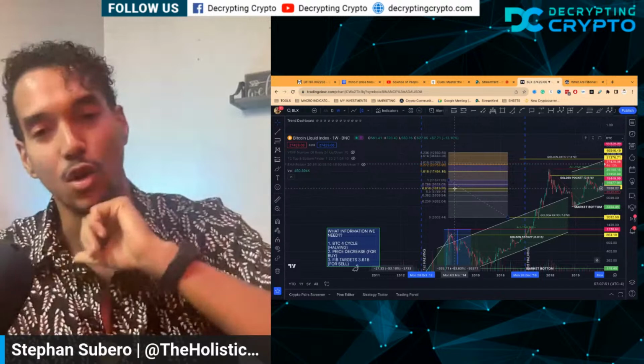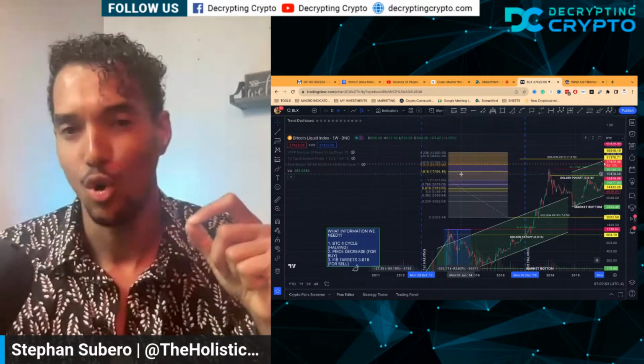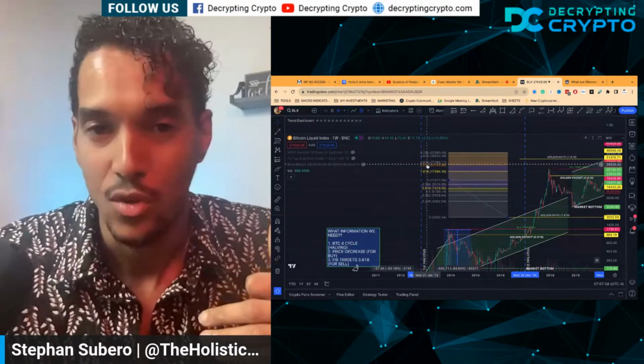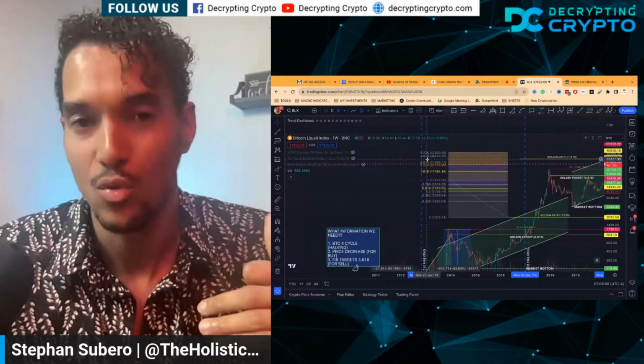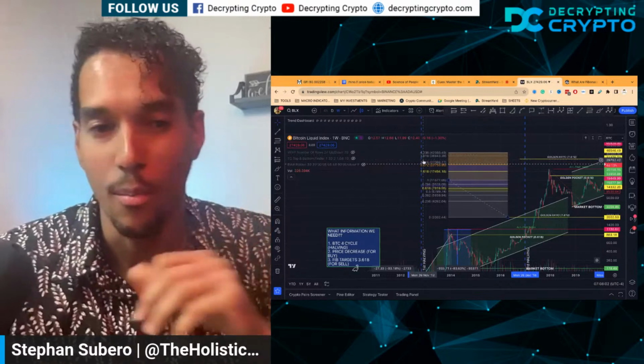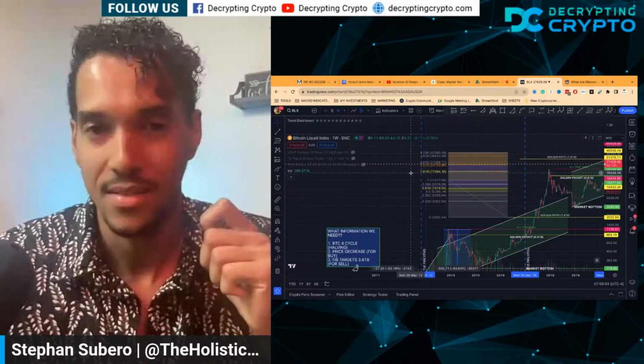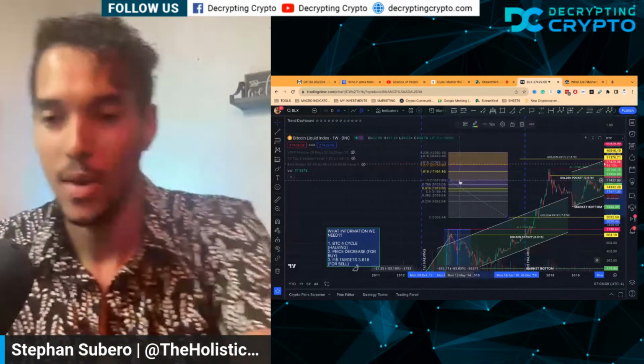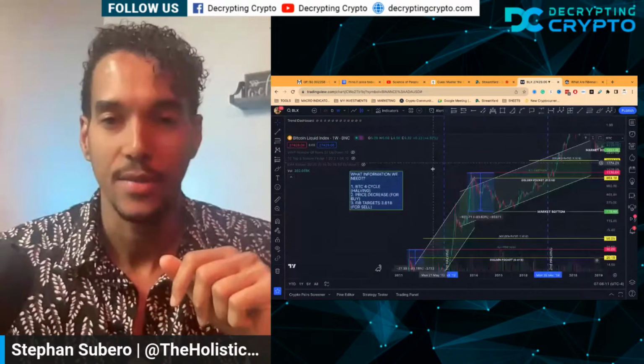So this is the golden pocket, and this is the golden ratio. And then we have the remaining Fibonacci levels, which are the 2.618, 3.618, and the 4.236. So that's Fibonacci right there. That's how you use the Fibonacci on the chart.